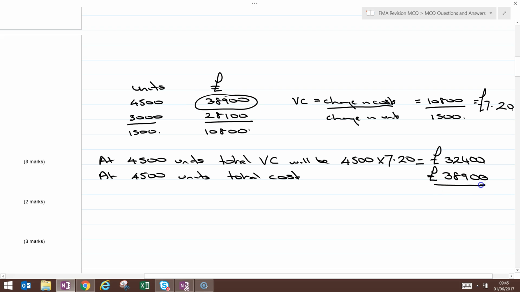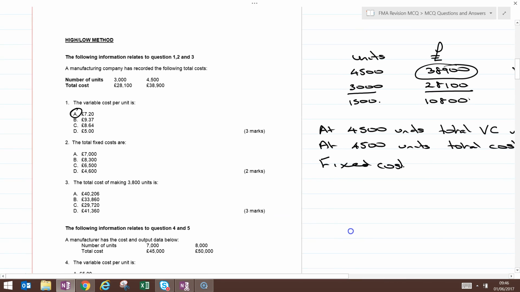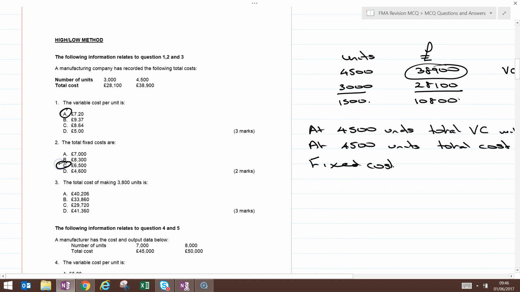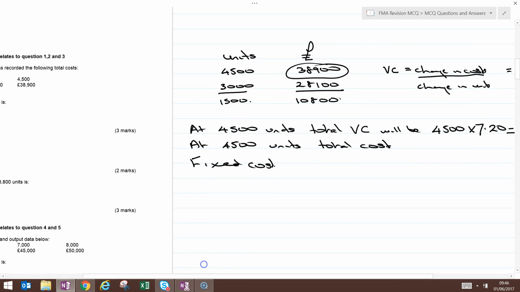The difference between these two figures is the fixed cost. So the difference between the two figures is £6,500. Answer C. Question 3 asks us to work out what the total cost would be of making 3,800 units. So the total cost is the fixed cost and the variable cost.